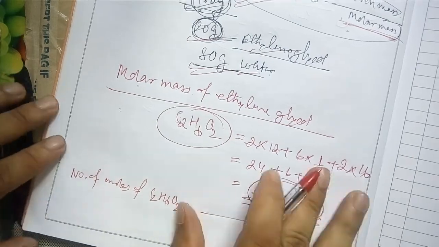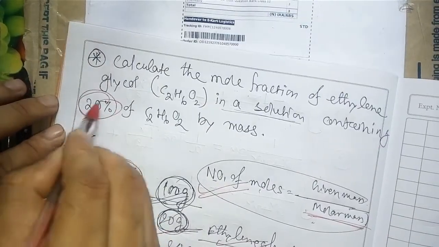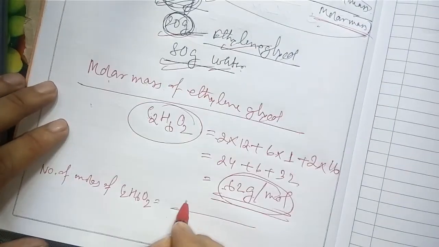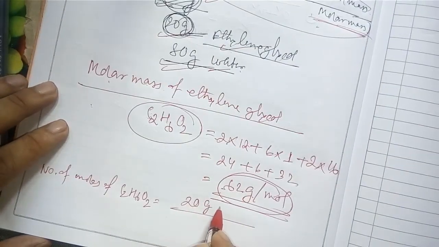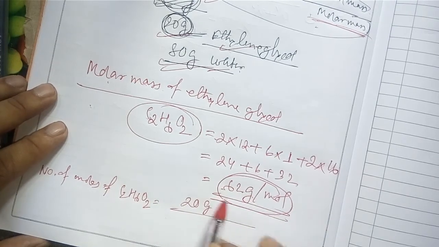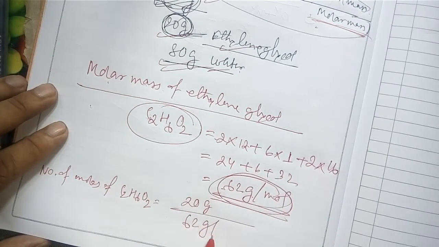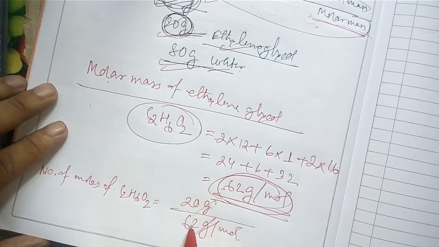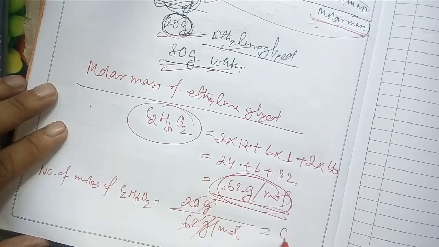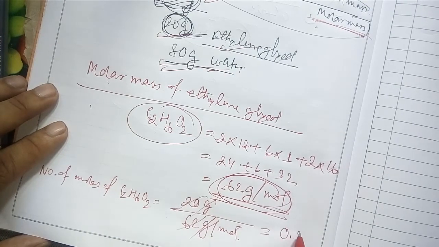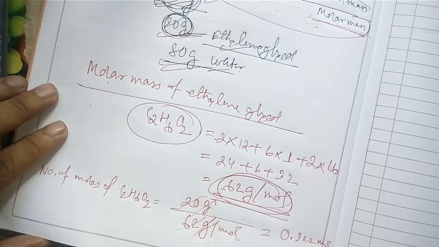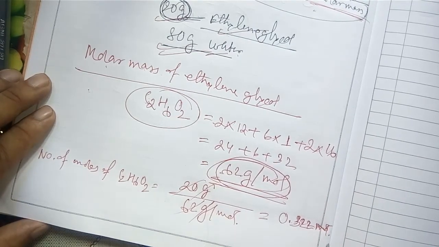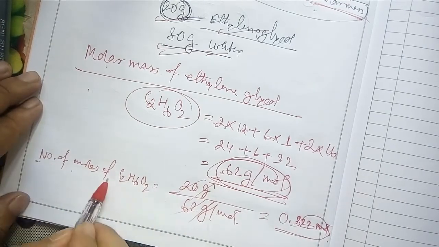The given mass in the question is 20%, that means 20 gram, and the molecular mass is 62 gram per mole. The gram cancels, and you will get 0.322 mole. This is the number of moles of ethylene glycol.